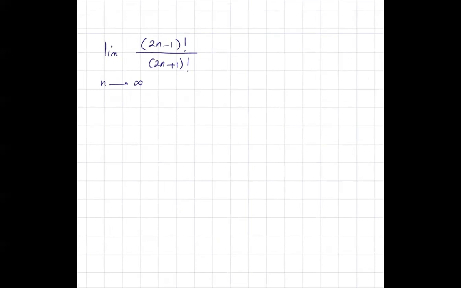If you use direct substitution, it gives you infinity over infinity, which, as you remember from elementary calculus, is an indeterminate form. So we need to simplify this expression first.